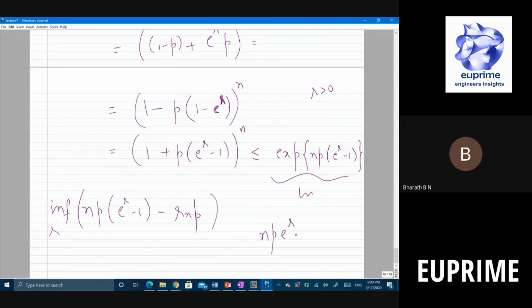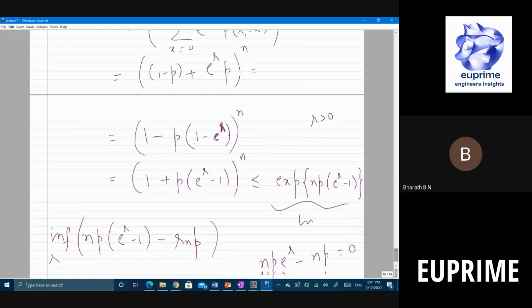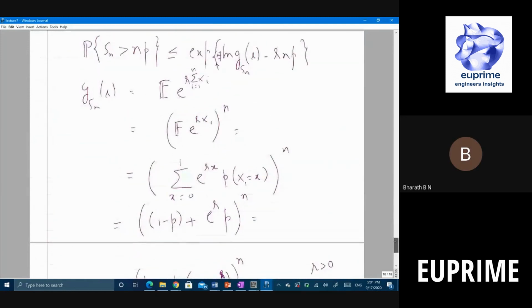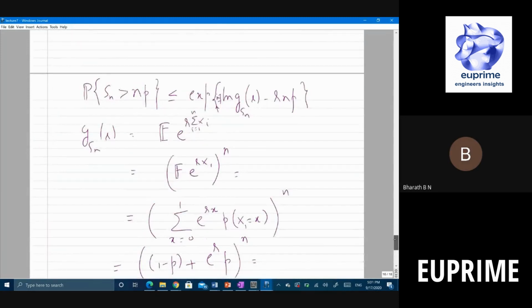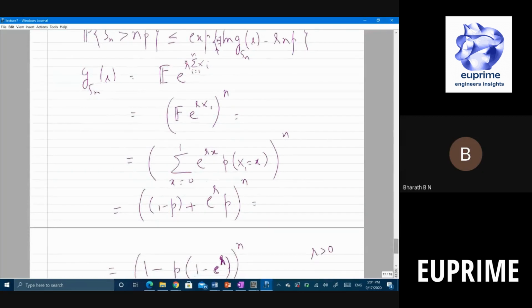You get e power r minus 1 times np equal to 0... Hey, did I make a mistake? I think I made a mistake here. What is the mistake?